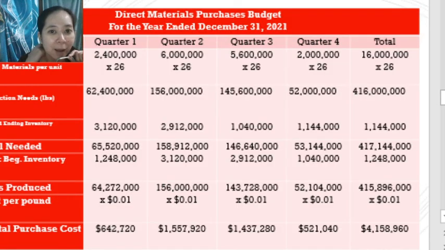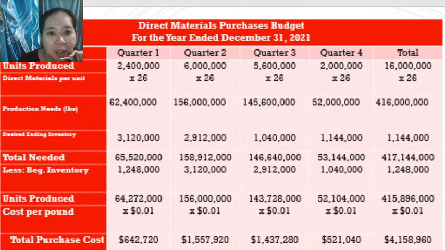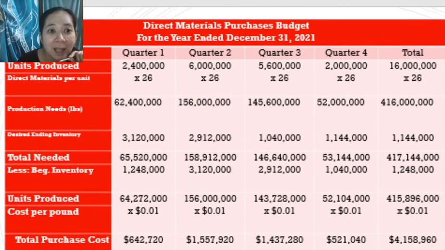Okay, so to prepare the production budget using our data and their inventory policy, we have here the direct materials purchases budget. So actually the process is the same as that of requirement number 1. So here for quarter 1, our units produced is again based on the production budget needed, times 26, which is the number of pounds per unit of concrete block.